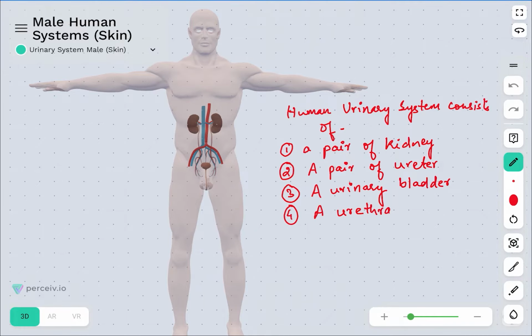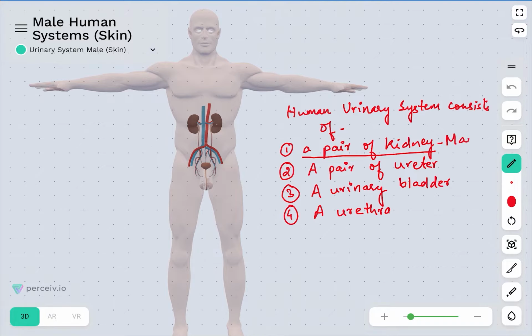These are the main components of the human urinary system, in which the kidneys are considered the main organs of the human excretory system. These are the main organs that will carry out excretion.